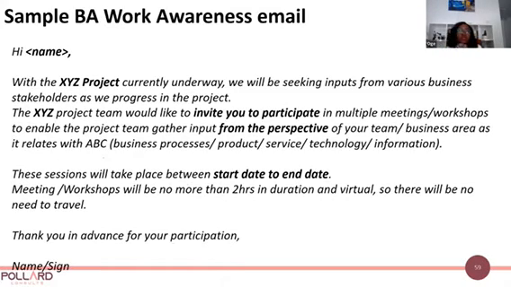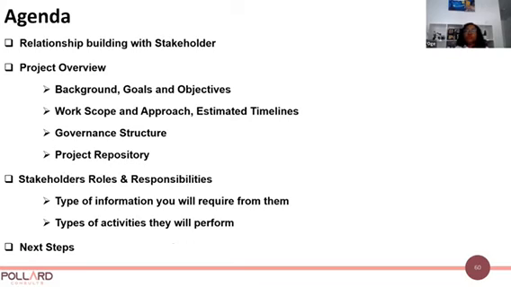I recommend you draft an email like this, notifying them about the project and telling them the next steps, like when you can book a session. Before you send out a meeting invite, I recommend you do this. Once you do this, you can then plan for your onboarding session.